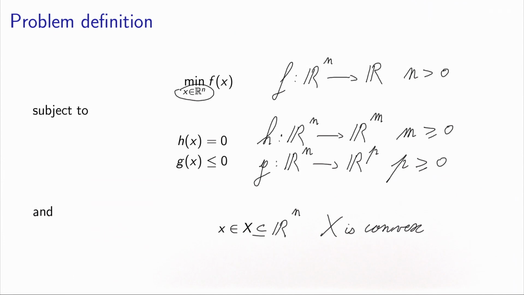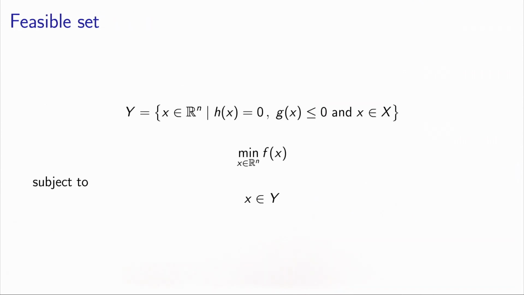It's a minimization problem, but as we know, we can transform a maximization problem into a minimization problem. It can involve equations to describe the feasible set, inequations, and also characterize the set of feasible solutions using a convex set. So the feasible set is the set of values of the decision variables that verify all the constraints.